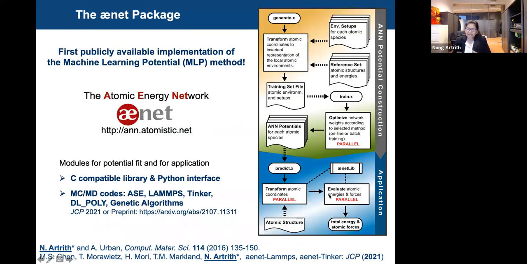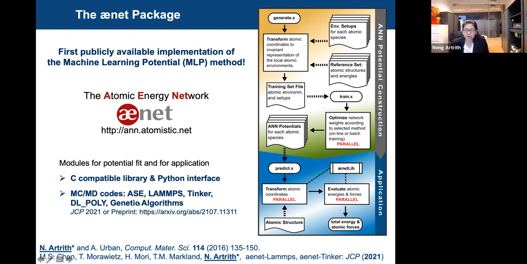Everything that I just discussed in the previous slides, we implemented in our open free software package, the Atomic Energy Network, ANET. This is the link to the website and also the GitHub. Right now, we not only use our own ANET to predict energy and forces, we also use it directly in MD codes or Monte Carlo codes, or even genetic algorithm codes.